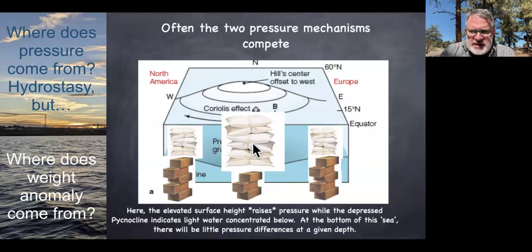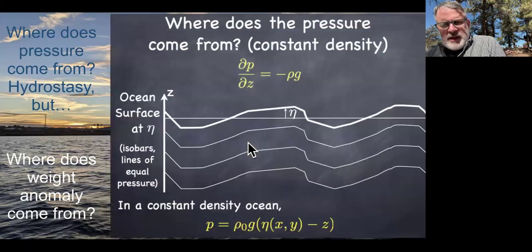But the density is all pillows in this light surface layer, so we don't have a density change between them. So the pressure anomaly that happens right below the surface is going to be the same pressure anomaly here, the same pressure anomaly here. The pressure is going up in all three columns, but it's going up at the same rate. So let me show you what I mean in equations.